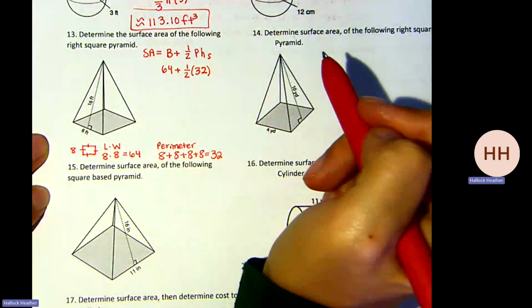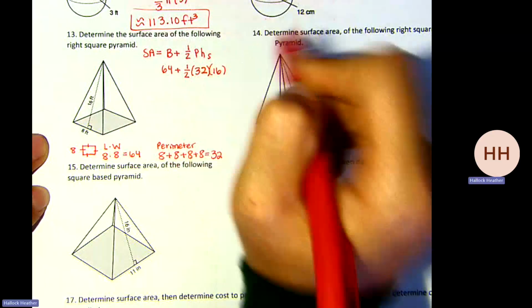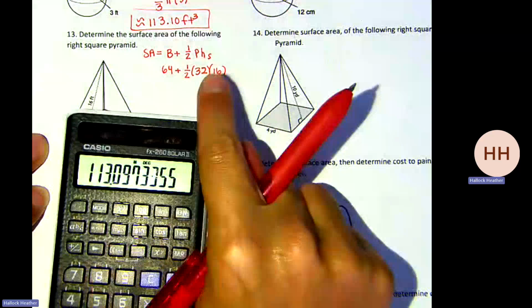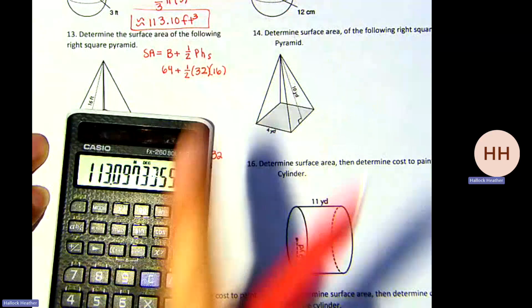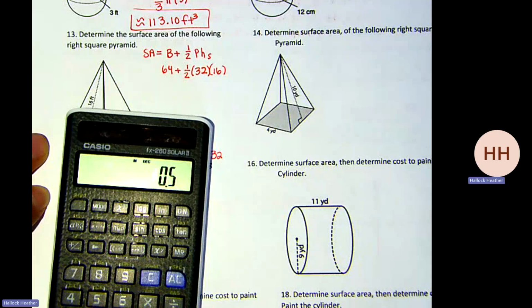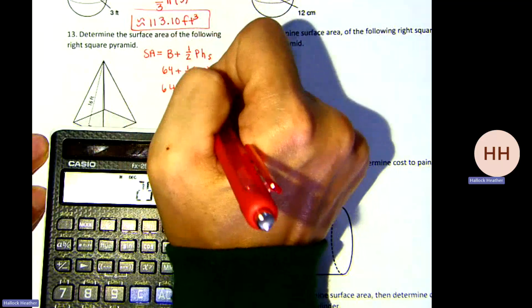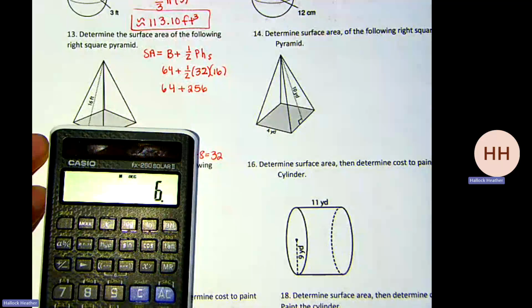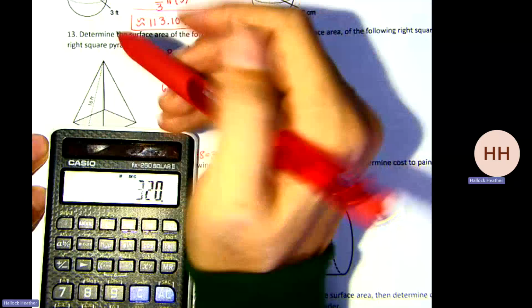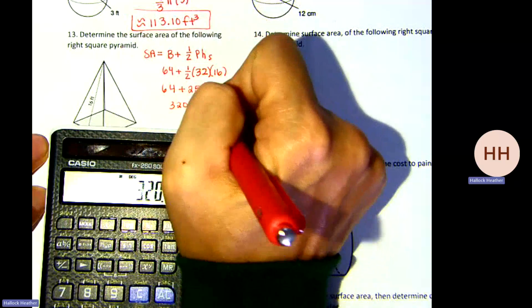And then I have my slant height, which is 16. So in a calculator, I'm going to work backwards. I'm going to do 16 times 32 times 1/2, which is 256, and add it to 64. So 320 feet squared because it's area.